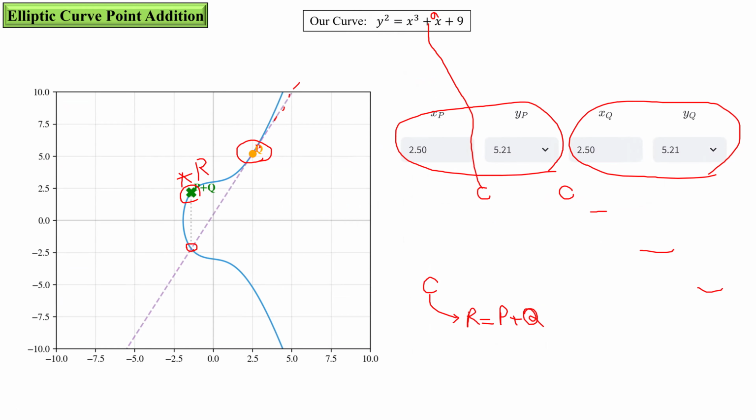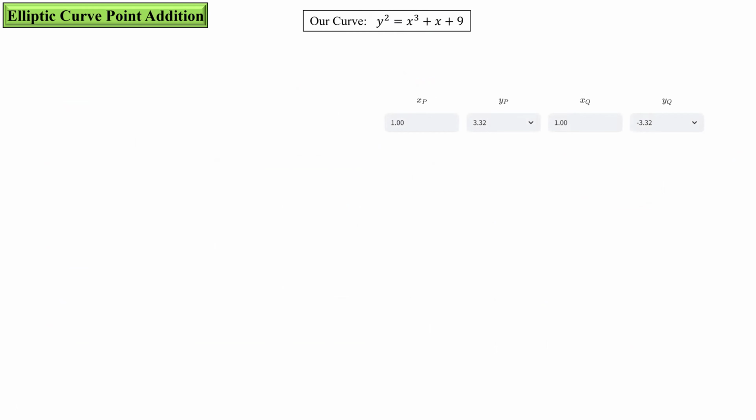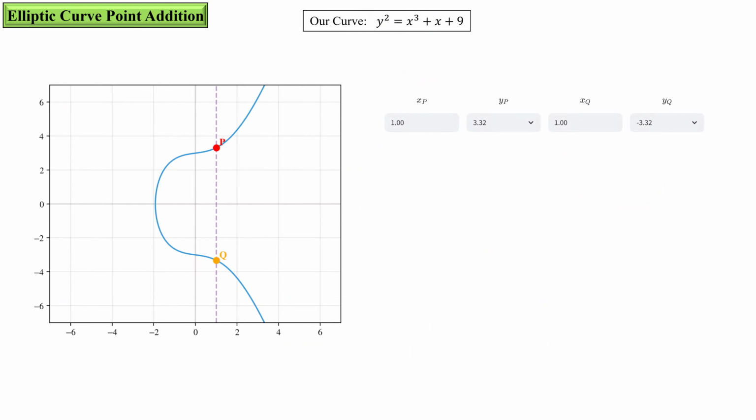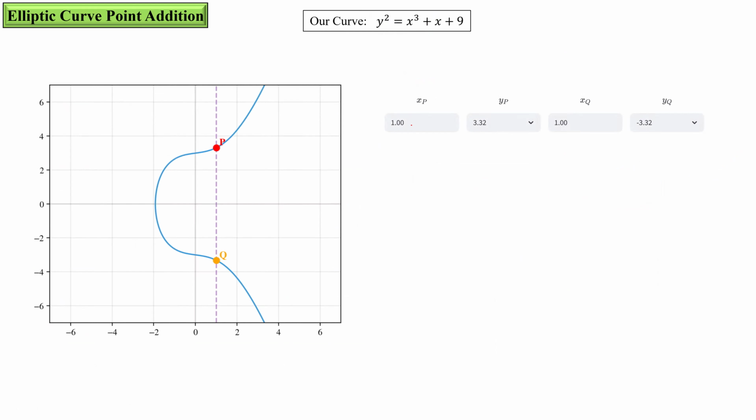Now we want to discuss the third situation, when the points P and Q have the same value for x but a negative value of y. So here we see that the x coordinates of the two points are equal to each other, while the y coordinates of the two points are negatives of each other.